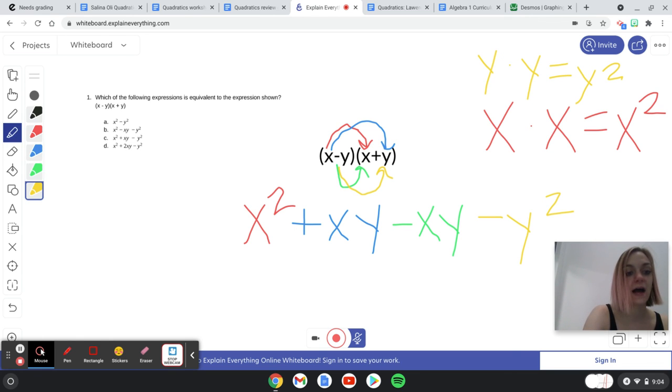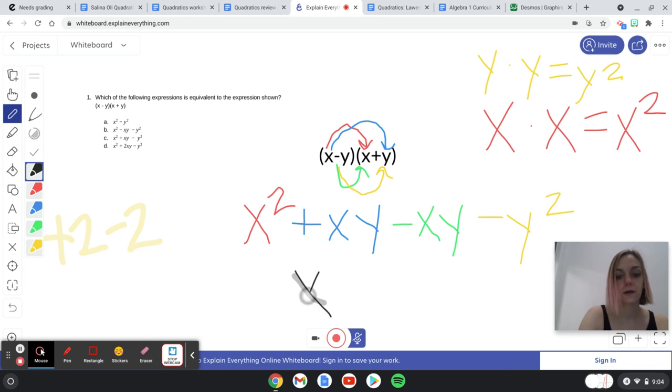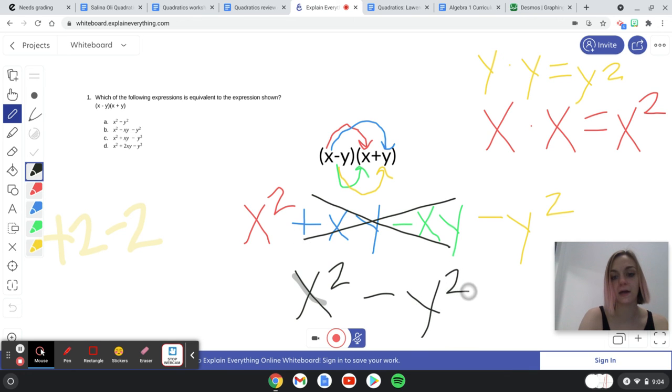It's like if I had a positive 2 and then a negative 2, that just equals 0. 2 minus 2 equals 0. So what I'm really looking at is x squared. And since these terms cancel out, I'm going to drop down this negative y squared. So then my answer is going to be A, x squared minus y squared.